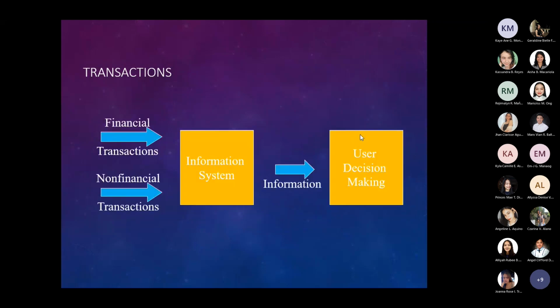So, ito po yung kung paano nagfo-flow or paano nakaka-affect ang transaction sa ating information system. From the transaction, it will give you information and it will be processed in your information system. It will give you information that will be used by your users in their decision making. Uulitin ko, from the financial transaction and non-financial transaction, it will go to your information system and it will give you information that will be used by your users for decision making.